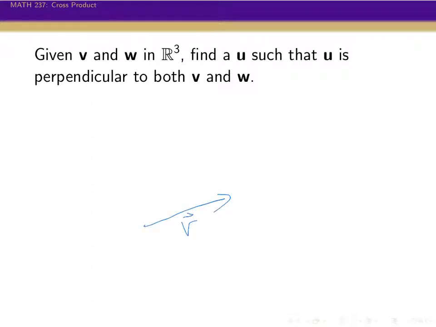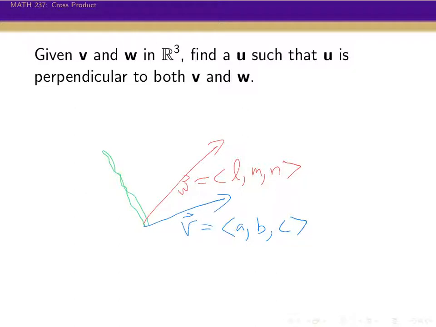v, and let's let its components be, say, a, b, c, and then we have another vector w, and let's let its components be L, M, and N. Then we want to find a third vector, u, which is perpendicular to both of them.